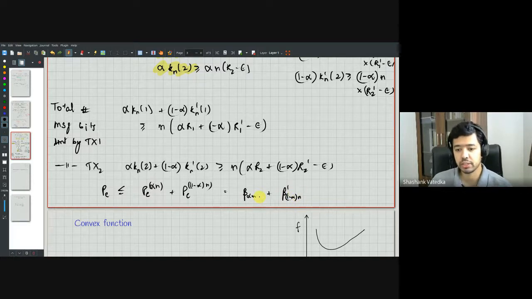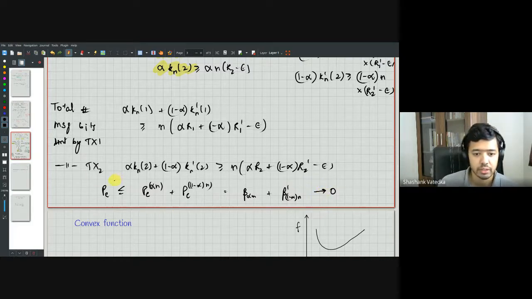So both of these are such that for sufficiently large n, beta alpha n tends to 0, and for sufficiently large n, beta prime 1 minus alpha n also tends to 0. Therefore the sum will also tend to 0. Right? So it's basically just a union bound argument.